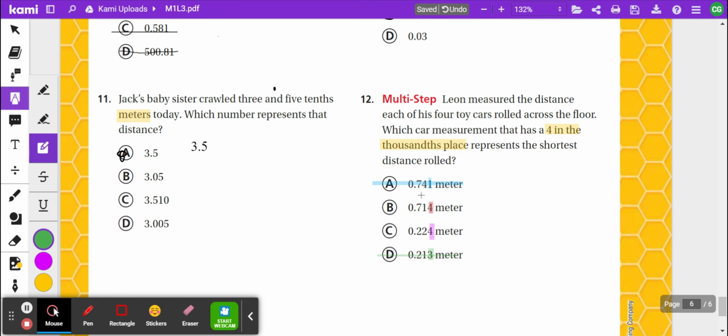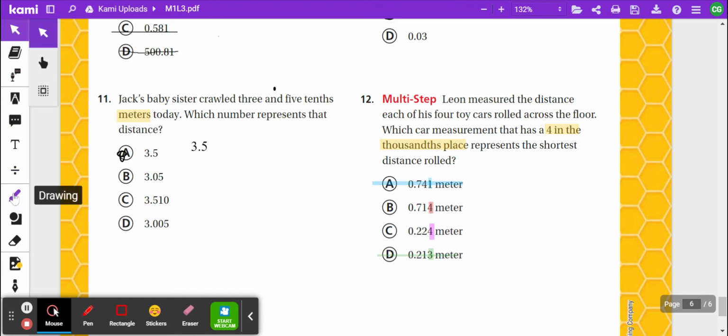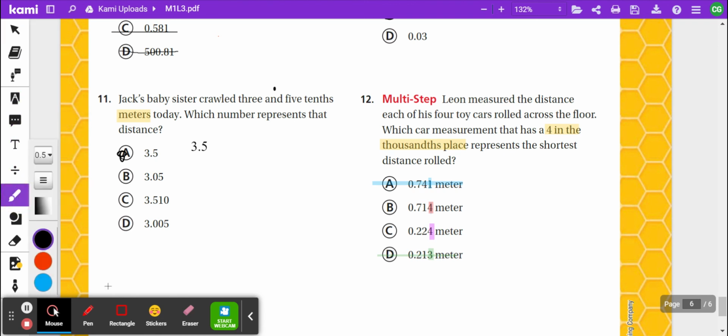So now let's take a look. I have 2 4s in the thousandths, but it says that it represents the shortest distance. So which one has the shortest? If this is what's confusing for you, I want you to draw out, like if you had car 1, and here's car 2. Car 1 went 714 thousandths. Car 2 only went 224 thousandths.